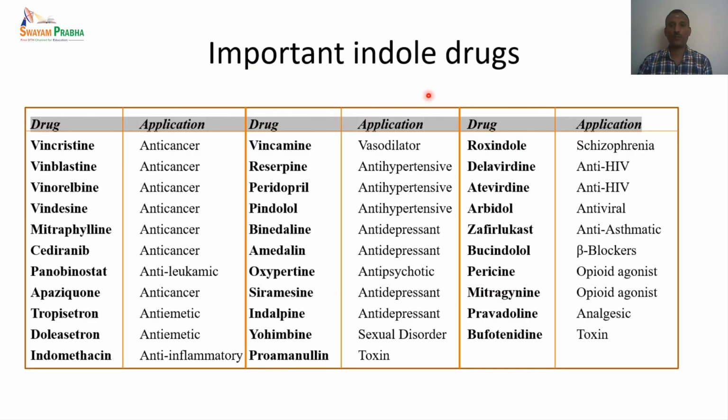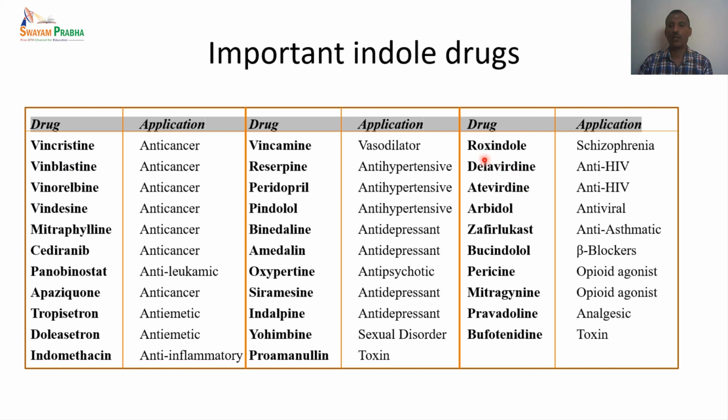Let us look at important drugs which have the indole moiety. As I have mentioned earlier, indole is one of the very important classes of heterocycle which is present in various drugs and alkaloids. So there are plenty of compounds which are known, and the applications are shown here. For example, vincristine and vinblastine are all anti-cancer compounds.